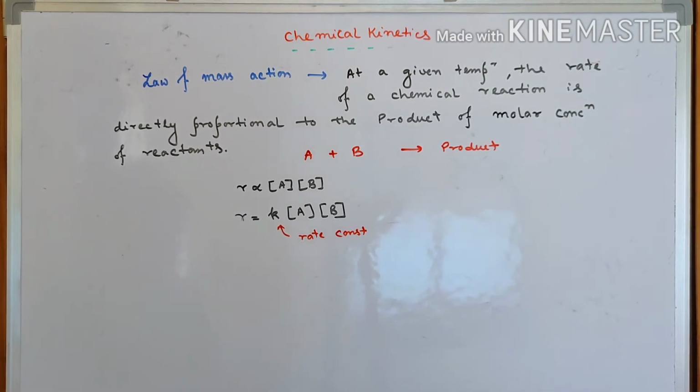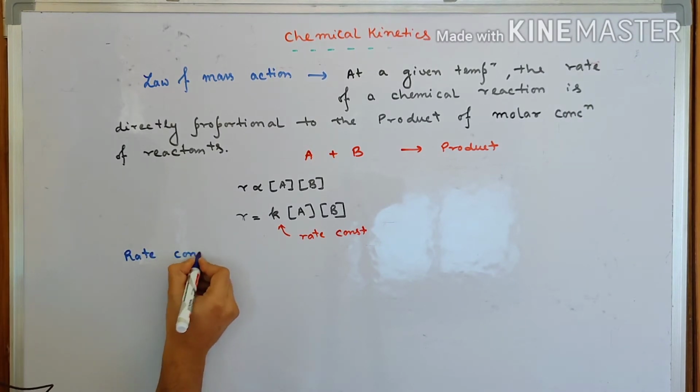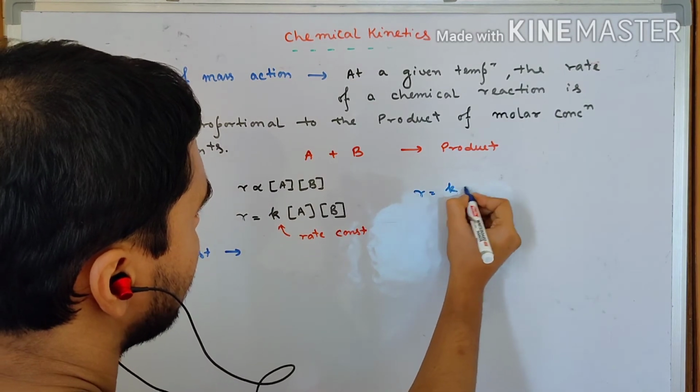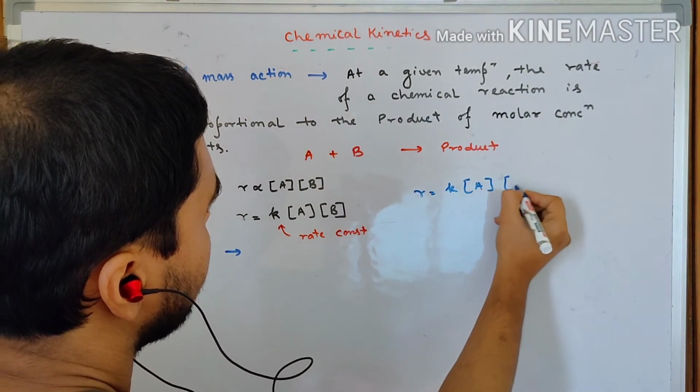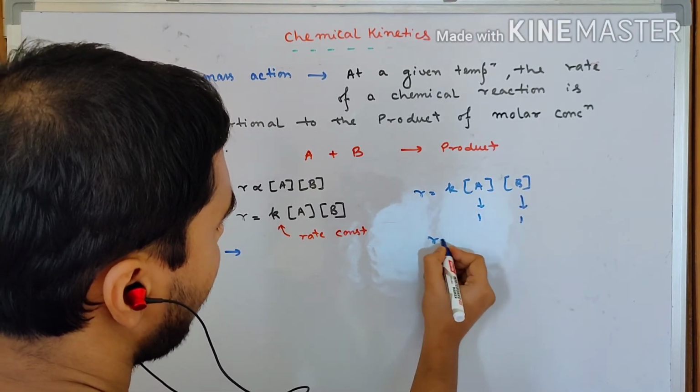Now what is a rate constant? Let us define rate constant. If I rewrite this, R is equal to K into A into B. So if this one is 1 and this one is 1, R is equal to K, right?